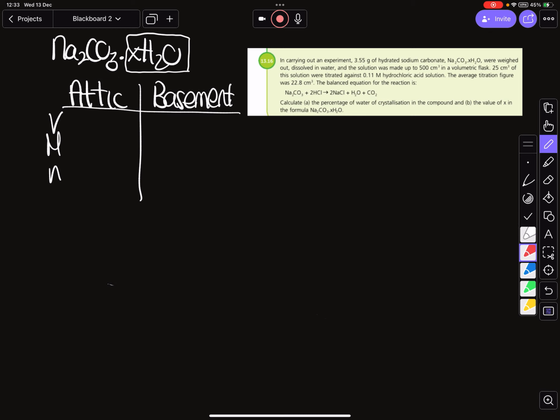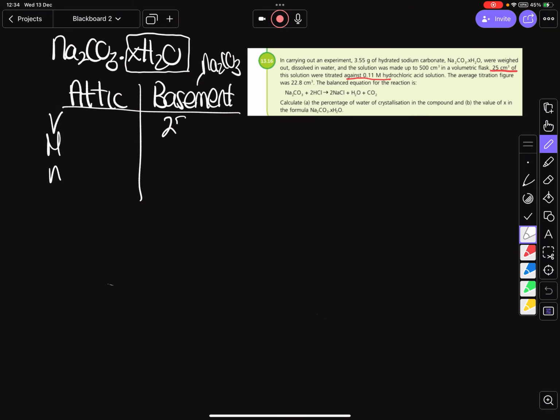If we read across our question, in terms of a whole number for the titration data, it says 25 centimeters cubed of this solution was titrated against 0.11 molar HCl. So in our basement, it's going to be the Na2CO3 that we're titrating, not the .xH2O, because that's just water, it's not a base.